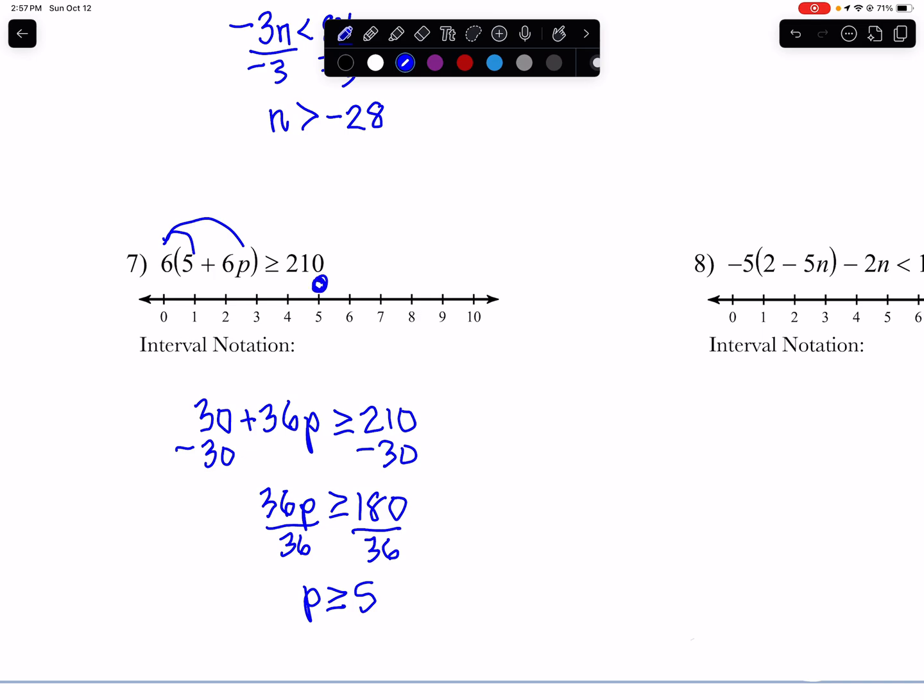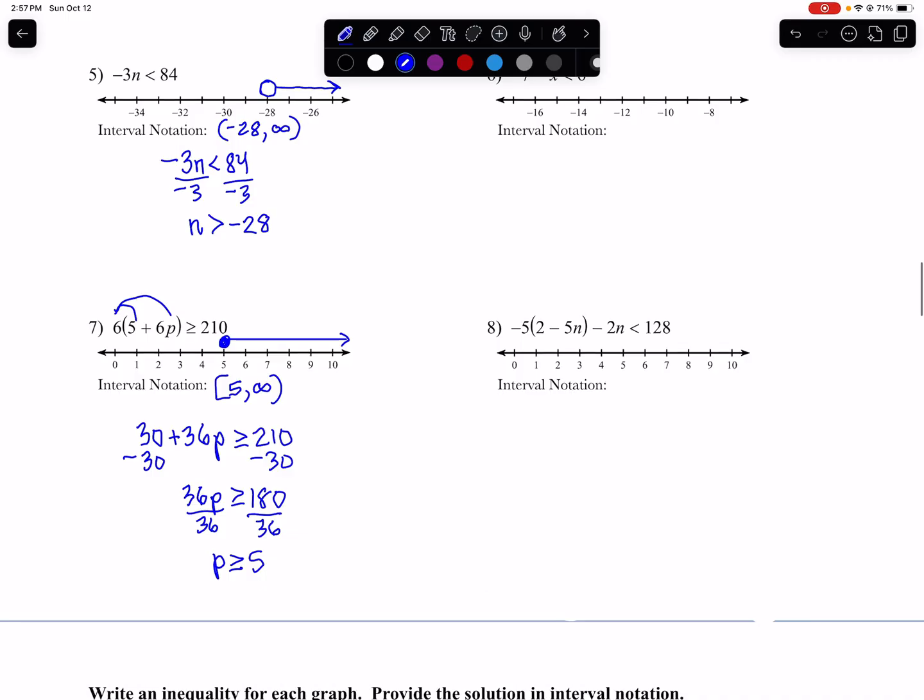So we see a solid dot. Draw our line this way, and we have 5, and then infinity.